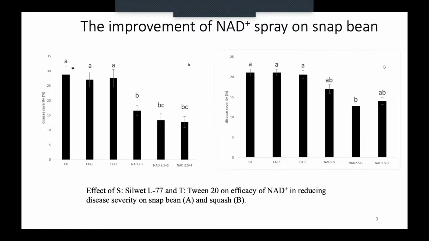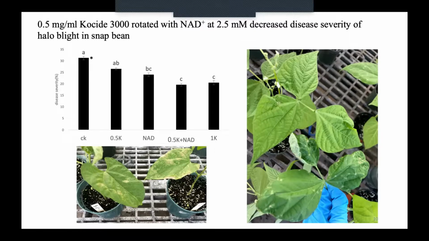Because foliar spray is the most common and practical application method, we want to see if there is any improvement for this application. Because surfactant is a common adjuvant, we tested the surfactants Silwet and 220 combined with NAD. The combination with surfactant only lowers the disease level numerically, but we encourage using it as an adjuvant. We also want to use fungicide and bactericide for the improvement.